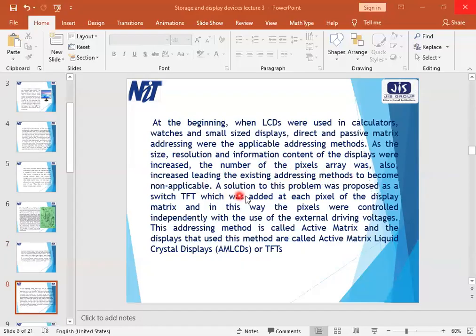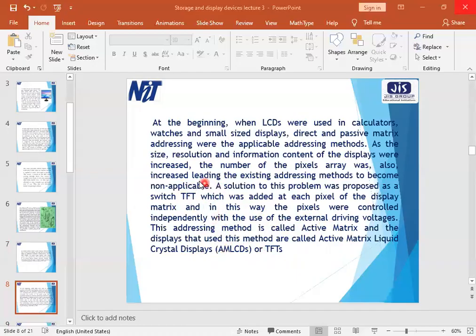A solution was given in terms of TFT, thin film transistor technology, which was added at each pixel of the display matrix, and in this way the pixels were controlled independently with the use of external driving voltage.